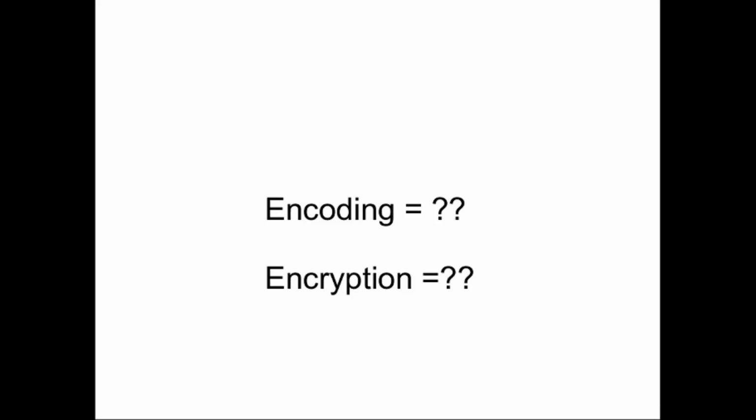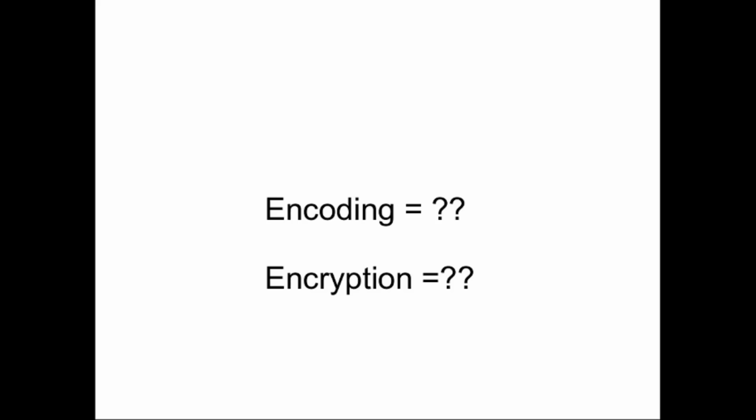Now if you're confused about what encoding is and what encryption is, is there any difference? Yes. Encoding is not a secret thing. Everybody knows the rules of encoding, such as what the first byte and second byte are and where you store things, so you can always decode a message.